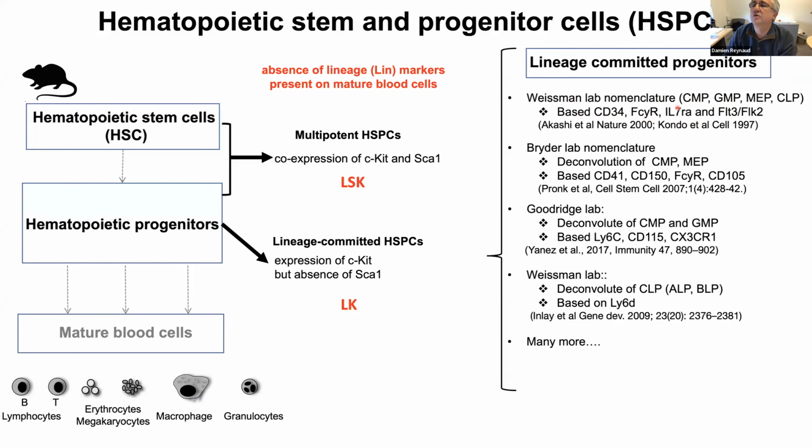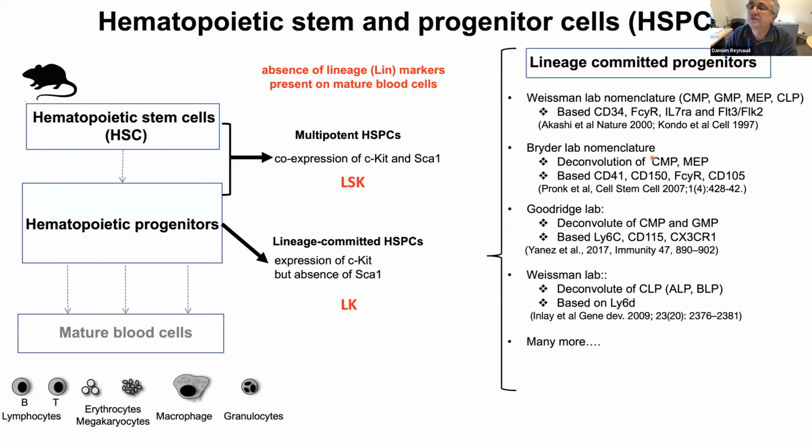This defines common myeloid and common lymphoid progenitors, and also a bipotential progenitor for the granulocyte-macrophage and the megakaryocytic-erythroid pathways. This is obviously a very broad and very inaccurate way to separate these populations.